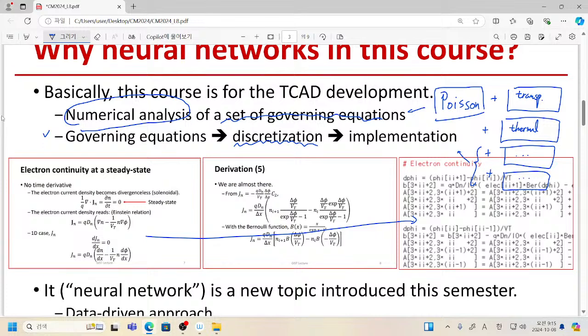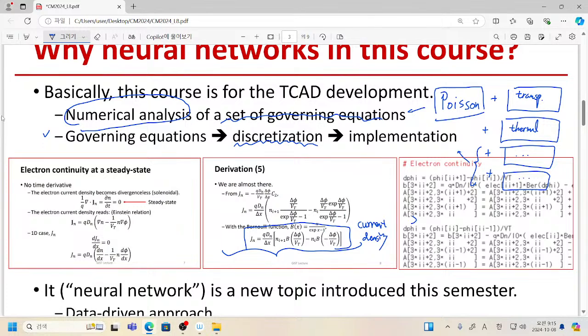A very important example of this discretization is shown here, and you can see that, for example, your electron current density should be discretized in this way.